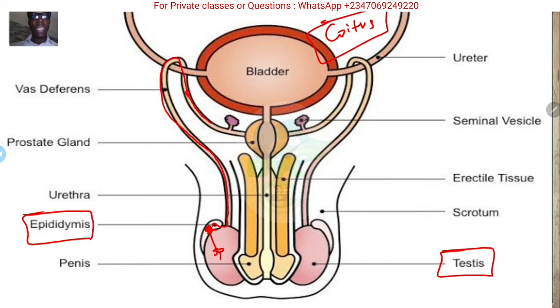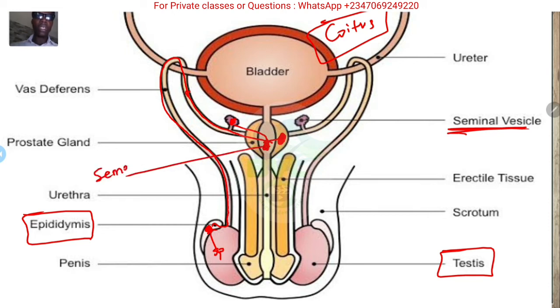Then when it gets around here, the fluid from the seminal vesicle, this guy, comes in here to meet the sperm cell. The fluid from the prostate gland itself, where I'm putting that big dot, comes in to meet the sperm cell.